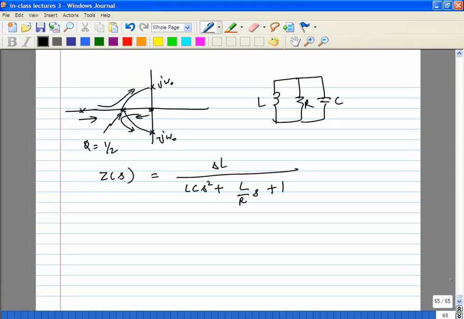So z of s for this system is sL over LCs squared plus L over R s plus 1. So you can plot mod z and angle of z.